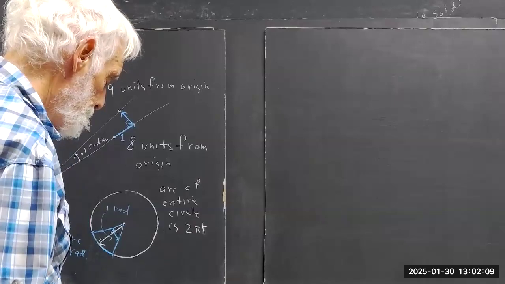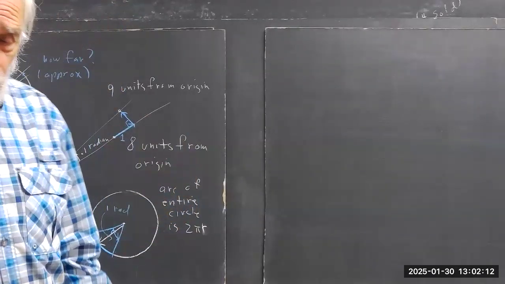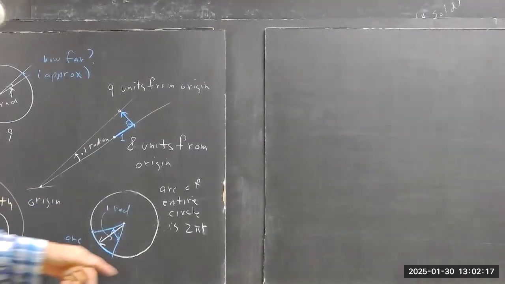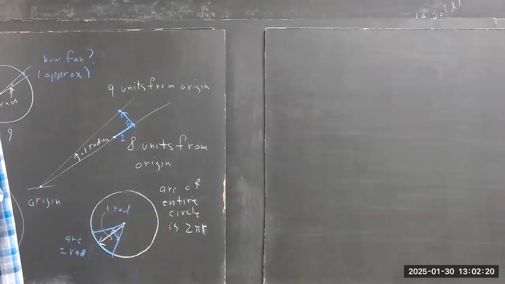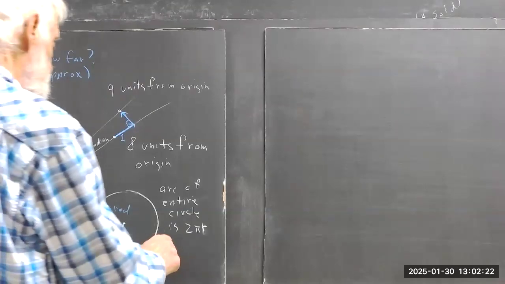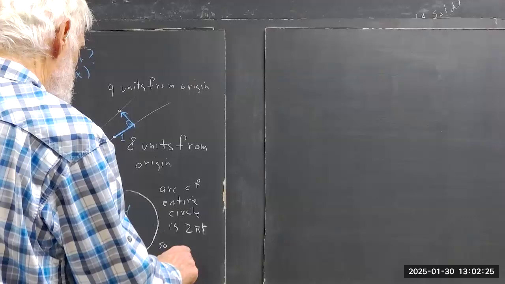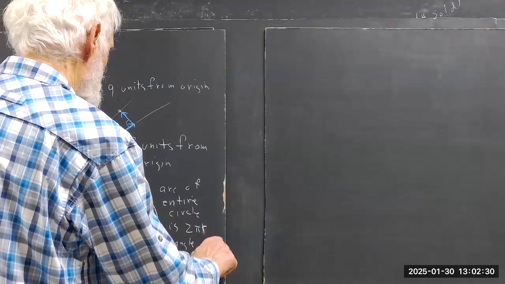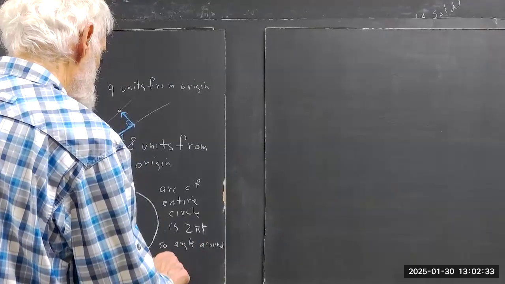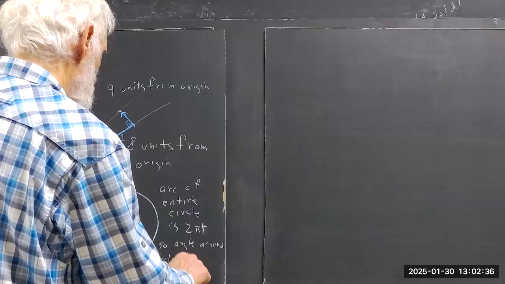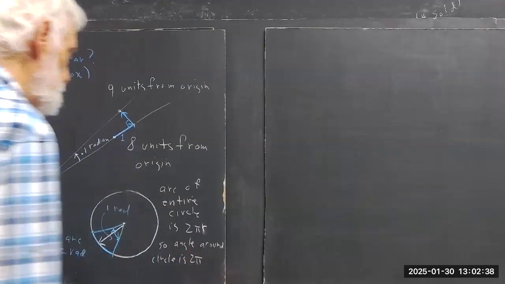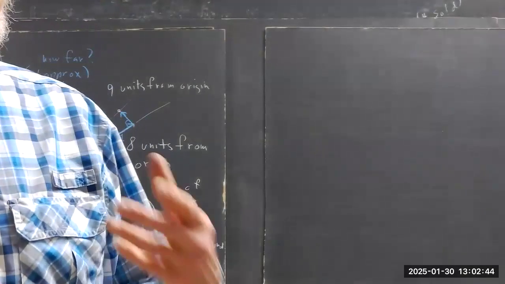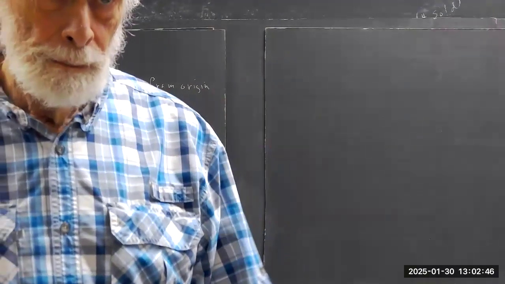It's 2 pi r. Okay, the arc of a circle is 2 pi r. So a circle corresponds to 2 pi radians. I don't even bother to write 2 pi radians because radians is automatically the unit of an angle.